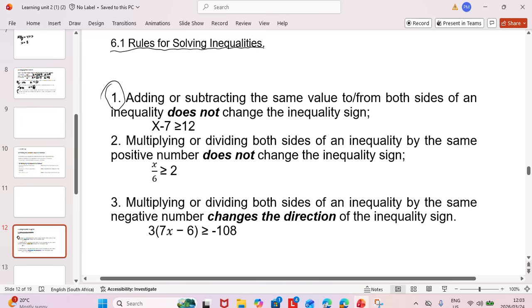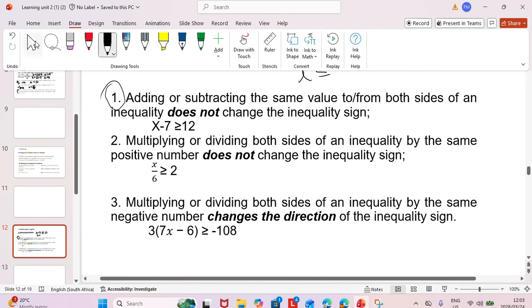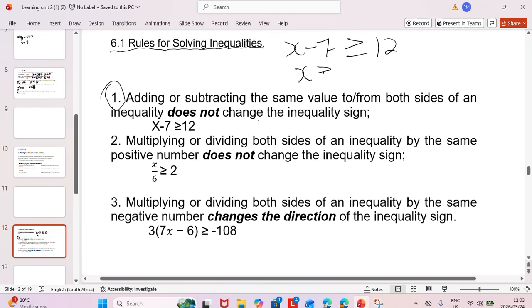if you have x minus 7 greater than or equal to 12, x will still be greater than or equal to 12. You are taking a negative number from the left hand side to the right hand side.